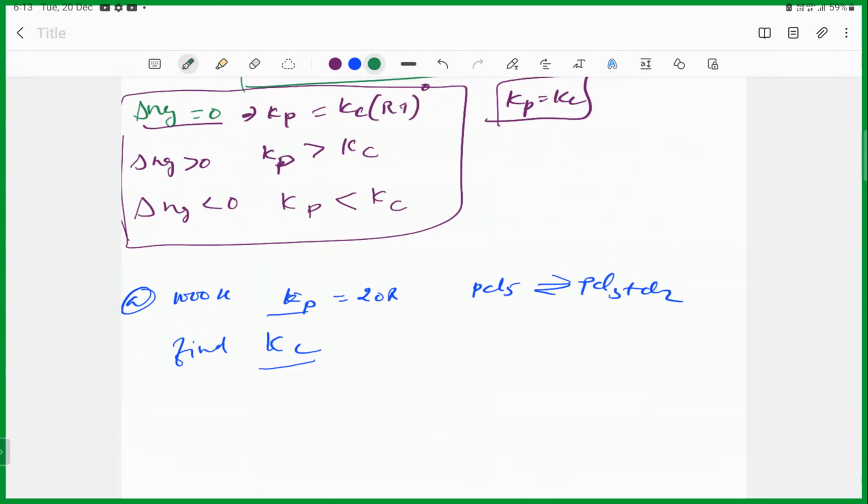Yes, answer your question. What is the relationship between Kp and Kc? சொல்லுங்கப்பா.